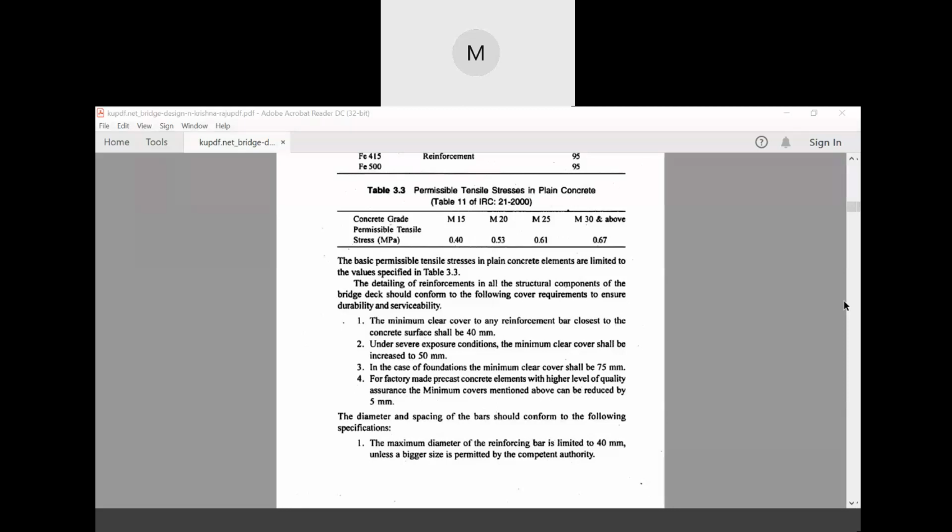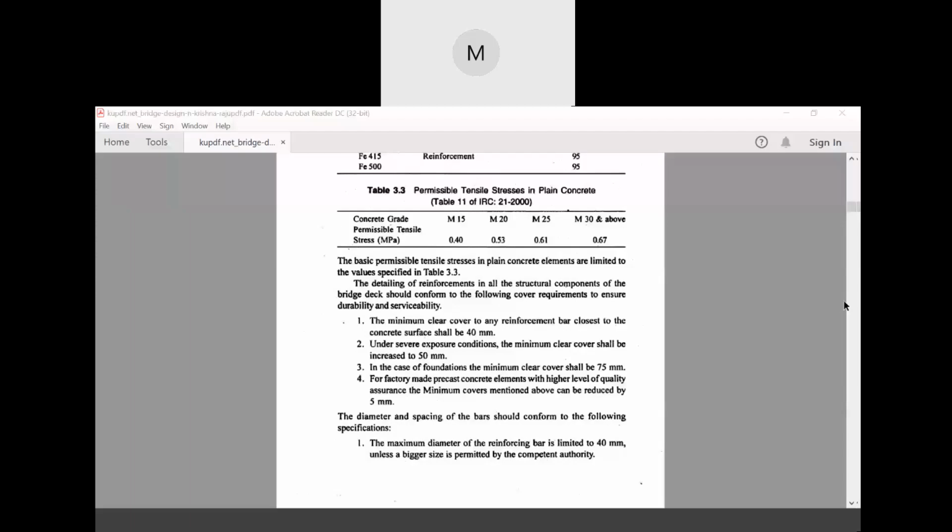In case of foundations, the minimum clear cover of any reinforcement bar closest to the concrete surface shall be 40 mm.